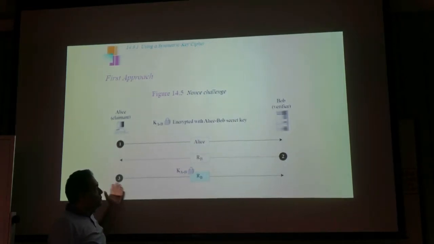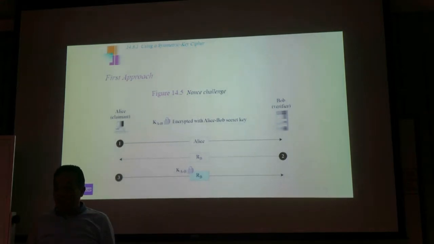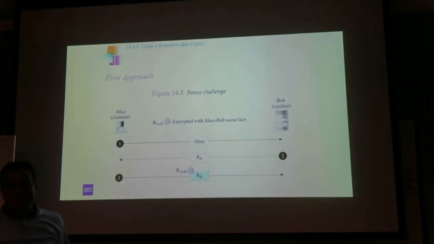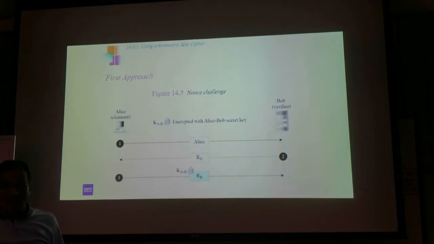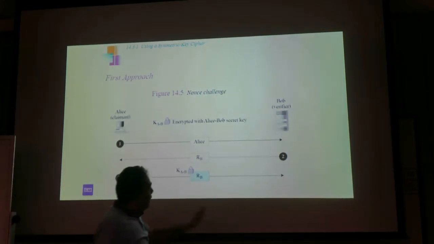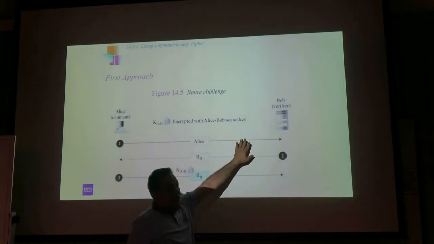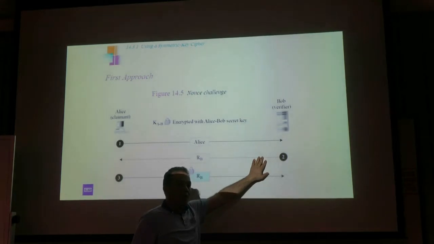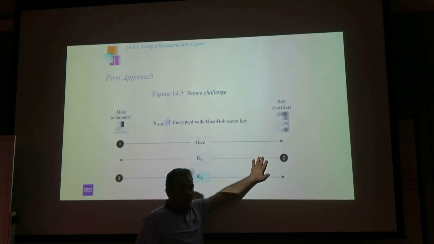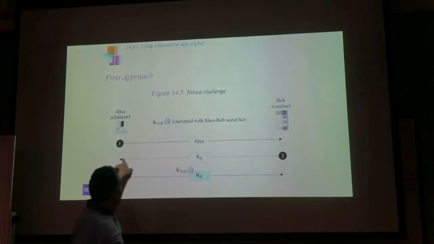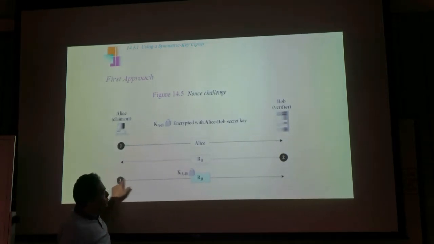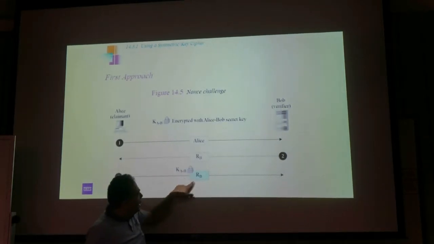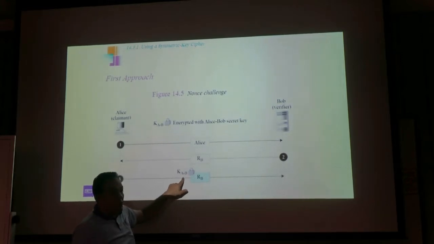So Alice and Bob are sharing a key. Did they send the key? They did not send the key. Did they send any secret? No. Alice says, Bob, I would like to be verified. Bob says, okay, I send you something, send it back to me. Alice sends the nonce encrypted with their common key.